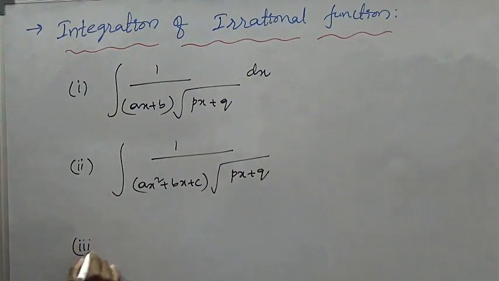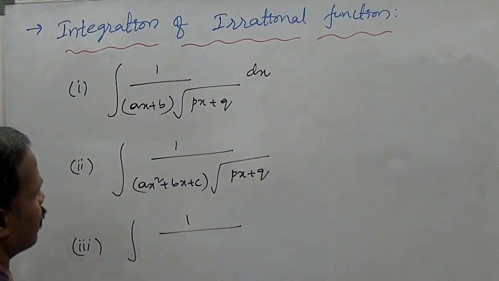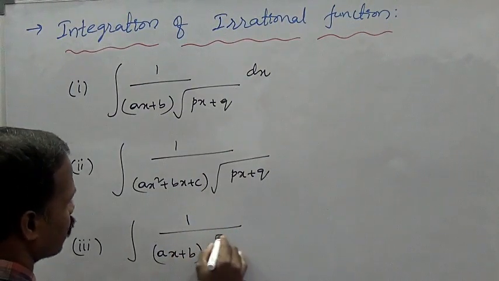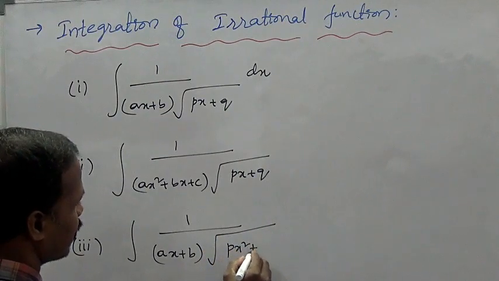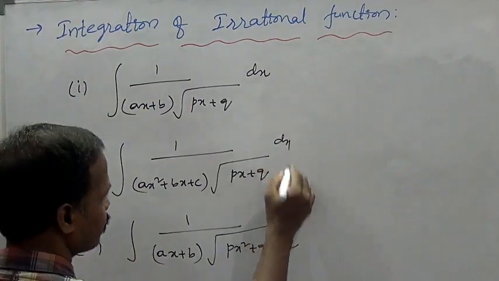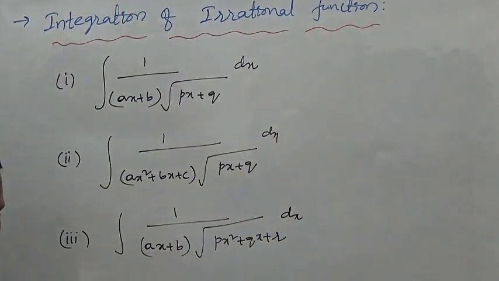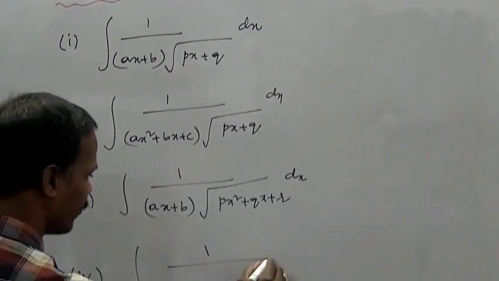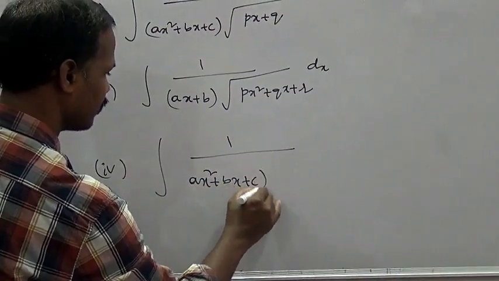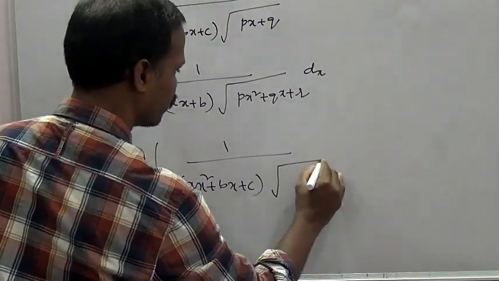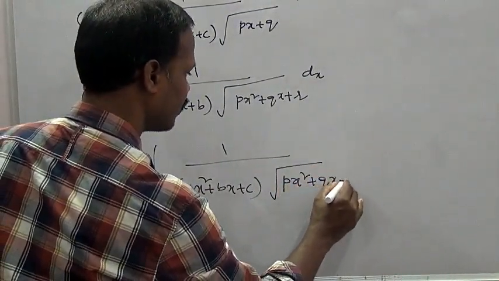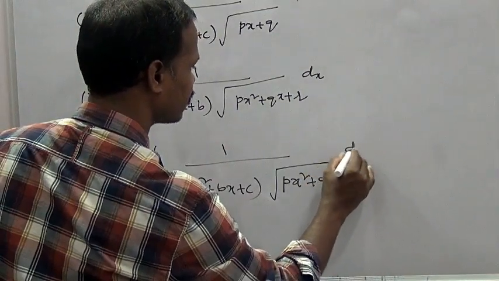Next, integral 1 by ax plus b square root of px square plus qx plus r dx. Next, integral 1 by ax square plus bx plus c into square root of px square plus qx plus r dx.